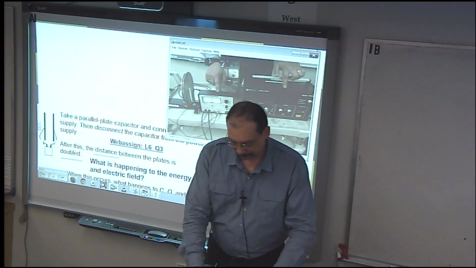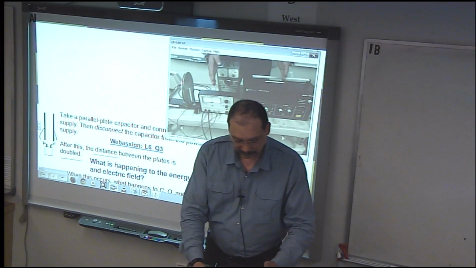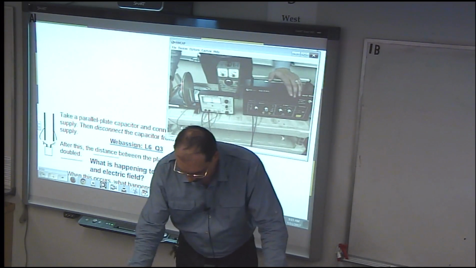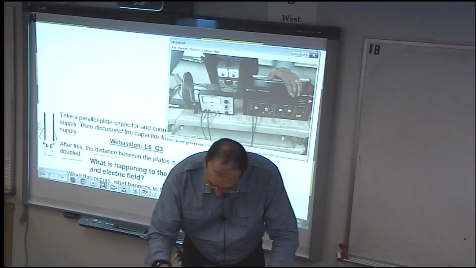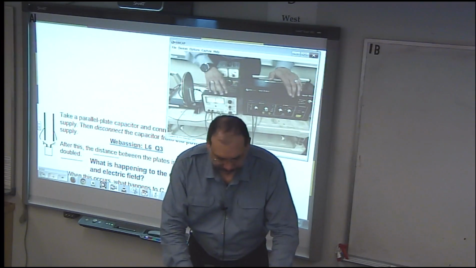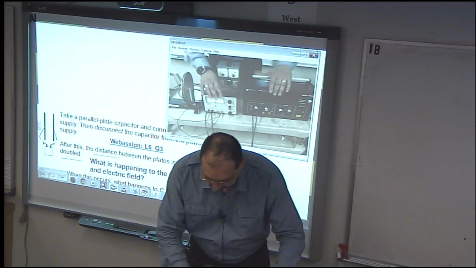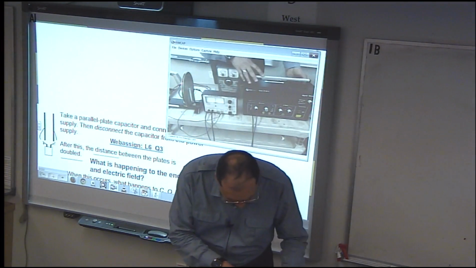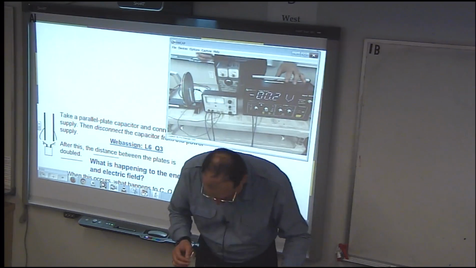These numbers are different, but all we need is to see how they change. This is the capacitor. The capacitor is connected directly to this kind of electroscope, and it's connected to this. Is it on? No. Now it's on.